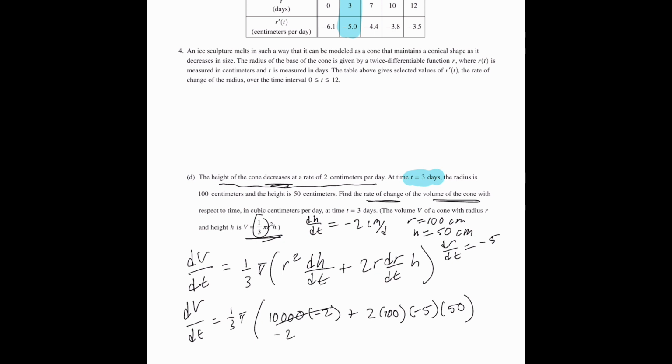This is negative 20,000 plus, so negative 500 times 50 times 2, so this will be negative 50,000. And then, okay, so negative 20,000 minus 50,000 is negative 70,000, so our answer is just negative 70,000 pi over 3, and that's our dV over dt.